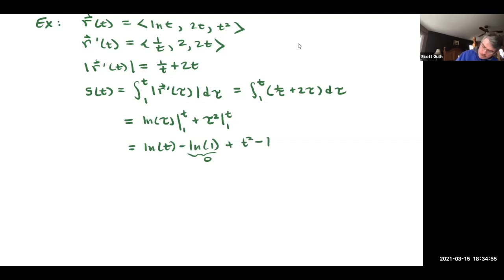So this is our arc length function, s of t is log t plus t squared minus 1. This gives distance at time t.